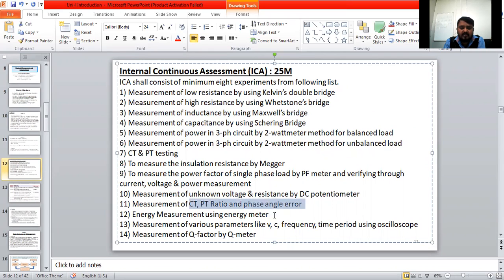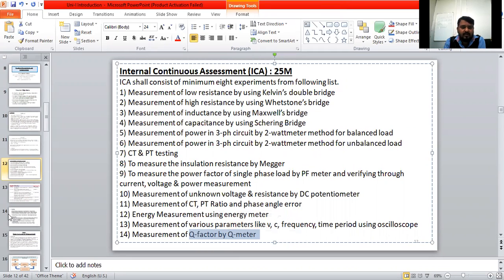Energy measurement using energy meter also comes in the fourth unit. Measurement of various parameters like voltage, current, frequency, time period using oscilloscope is the 6th unit. Q meter is again the 4th unit. So the majority is in the second, third, fourth units, which cover all the practicals.